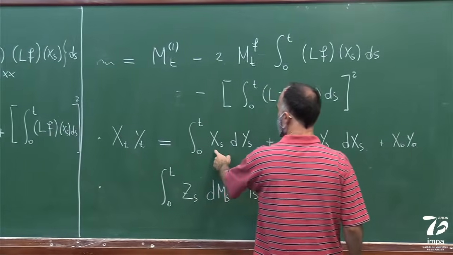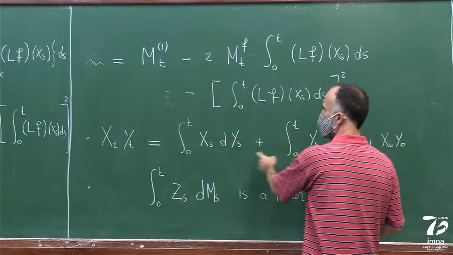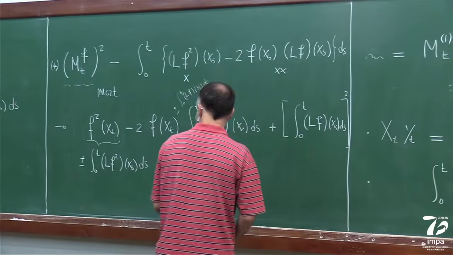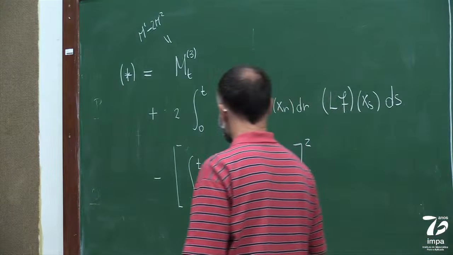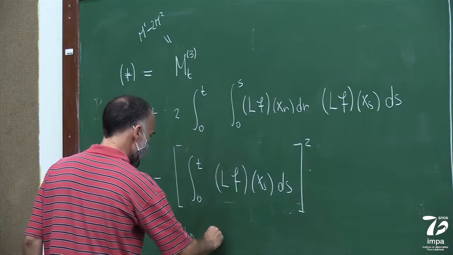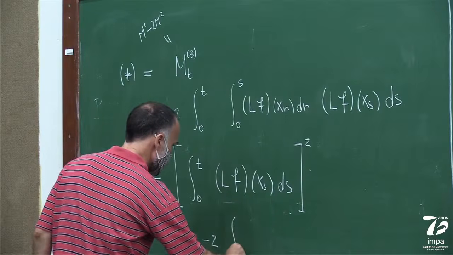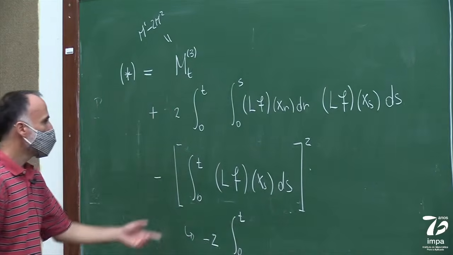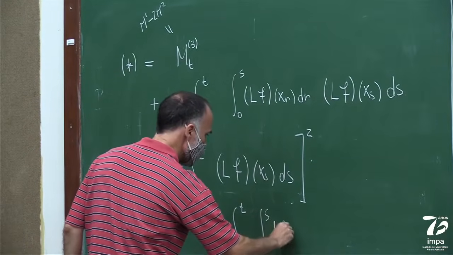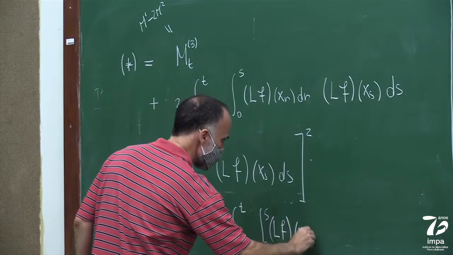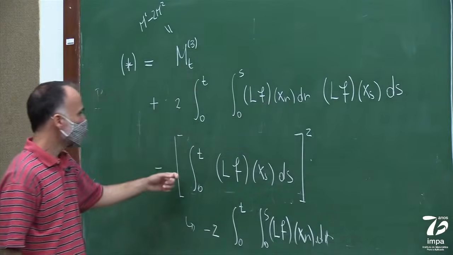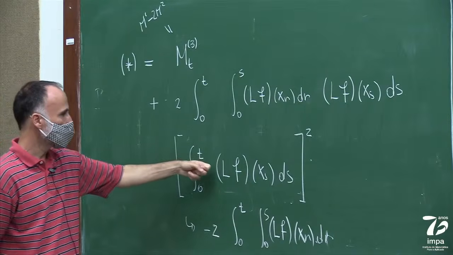So this gives me the integral of x with respect to dy 2 times. So it's 2 times, so let me write it. This is minus 2 times the integral 0 to t of one of them, which is 0 to Lf(x_r) dr. Now, d times this term, but when I take d, I get L.